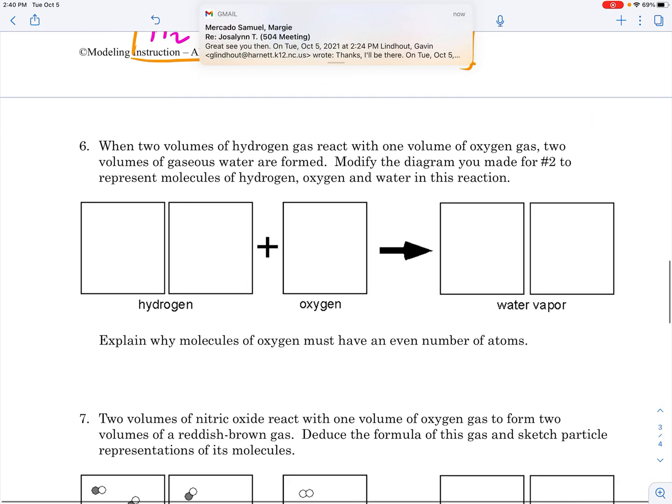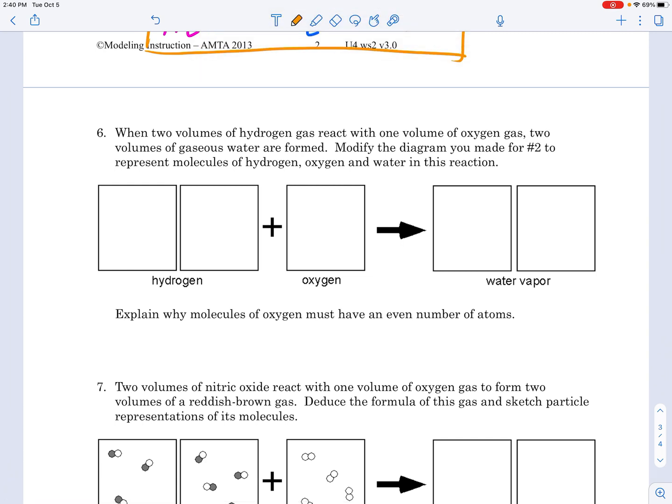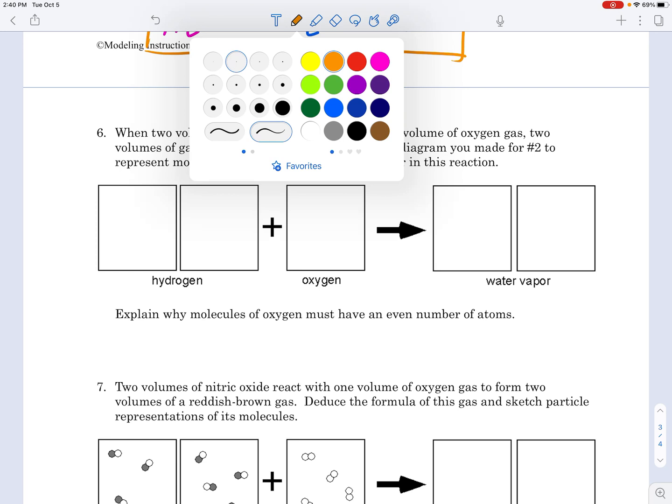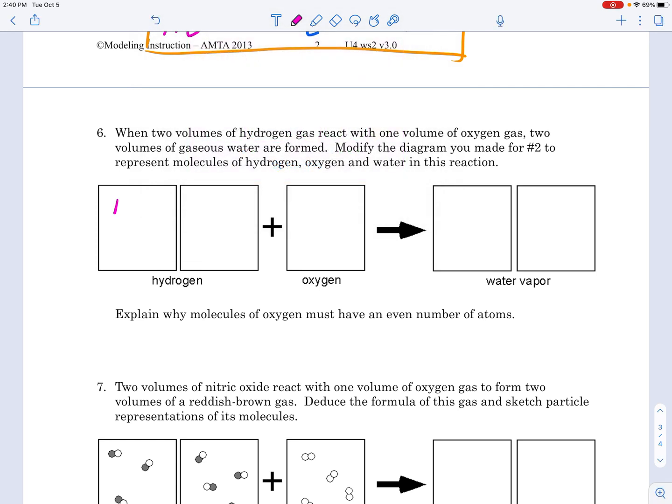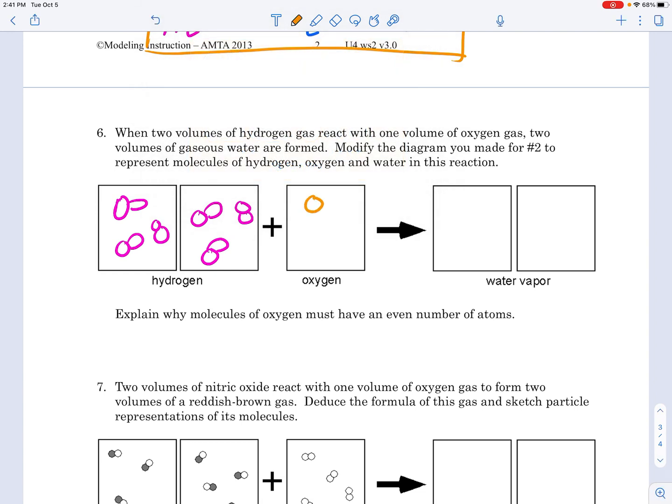We're going to apply that same principle to the reaction between hydrogen and oxygen to make water vapor. So hydrogen comes in twos. I'm just going to do 3 molecules of hydrogen. Oxygen, I can't remember what color I used for oxygen, but I'm just going to use, let's make it orange. Actually, I didn't do oxygen yet. Oxygen is also diatomic.